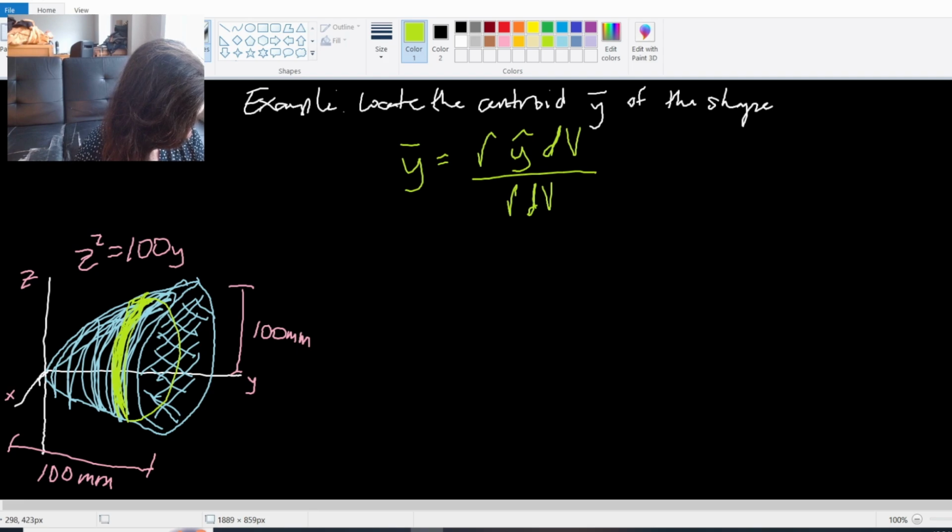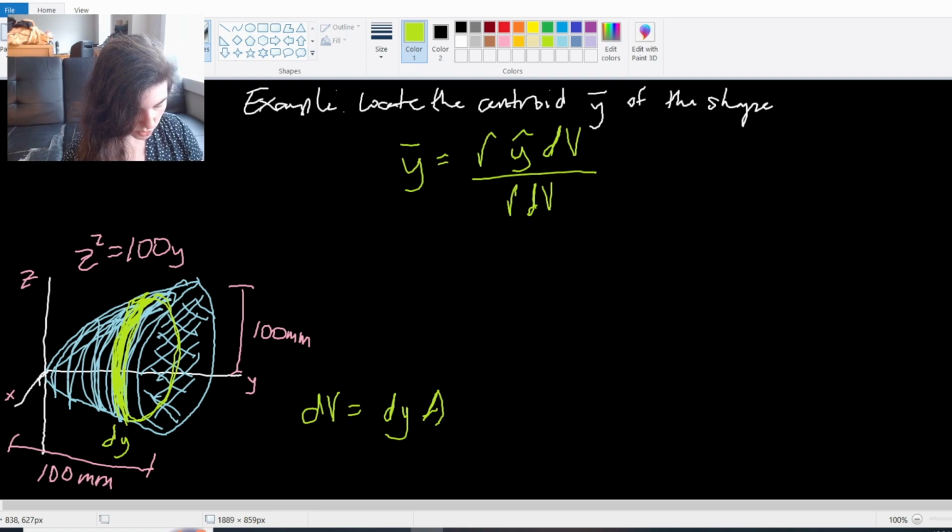Here my differential, this width, is dy, and then my disc is the area of a circle. So I'm still doing a volume, where dV is going to be my dy times the area of this circle here.